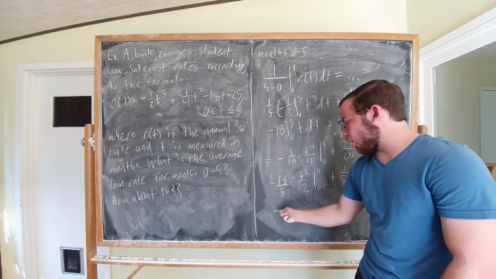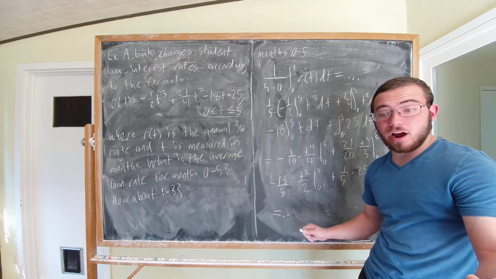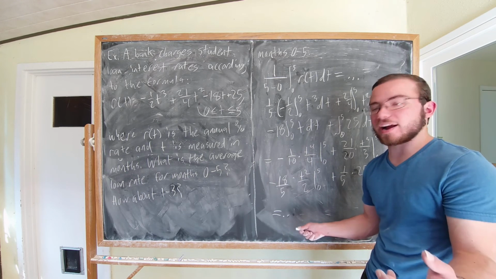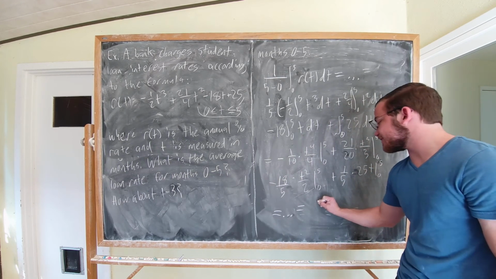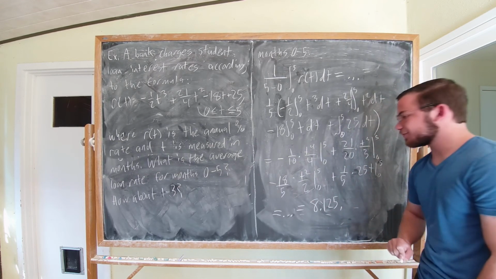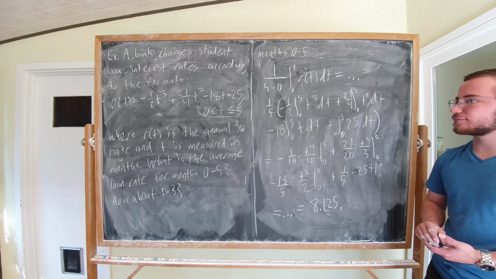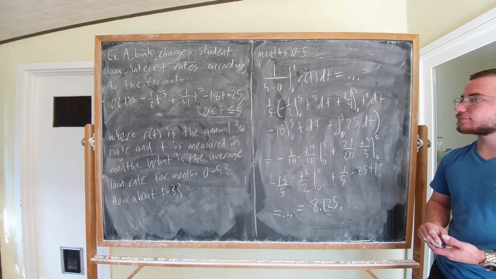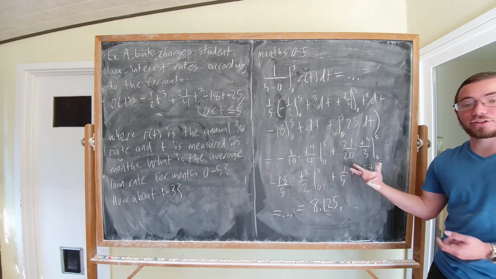And if you do all of that arithmetic out, which I recommend you try on your own, making sure you're practicing keeping track of all your minus signs, you should end up with exactly 8.125.